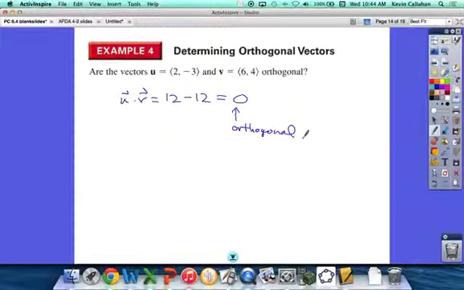You know, in the last version of the textbook, they would say, are they orthogonal or are they parallel or neither? I don't see that they have this anymore. They don't really explain much about parallel, but vectors are parallel if one is just a multiple of the other. So, for example, if I had 1, 2, and 2, 4, then I would ask, are they orthogonal, parallel, or neither?